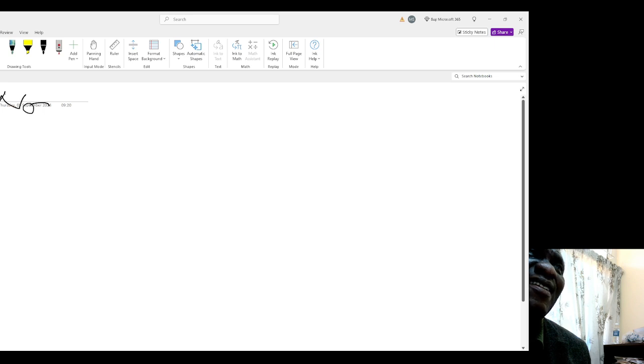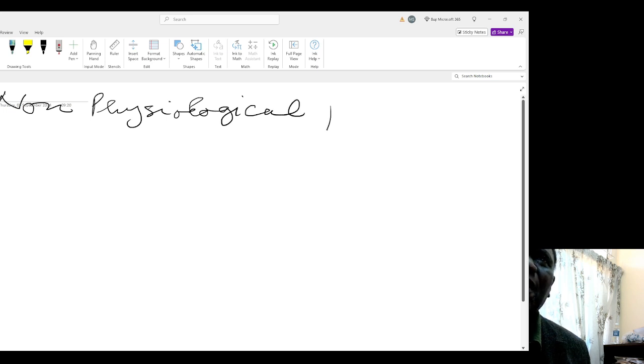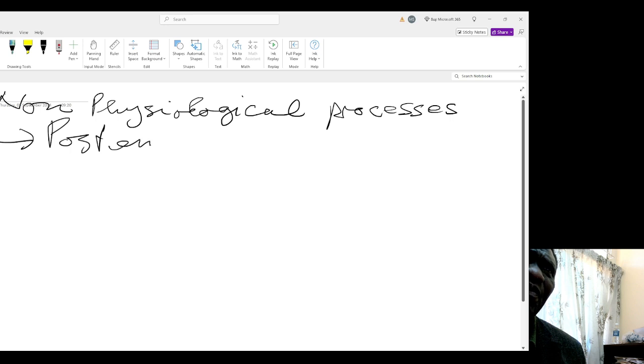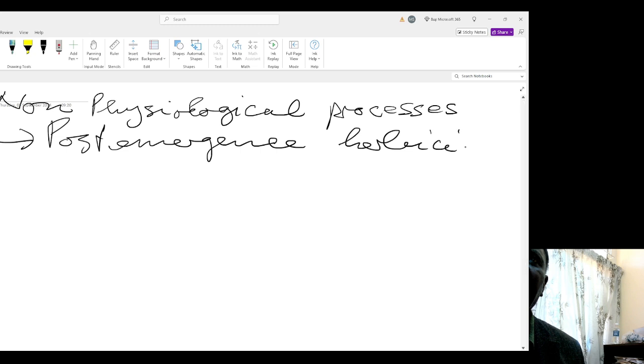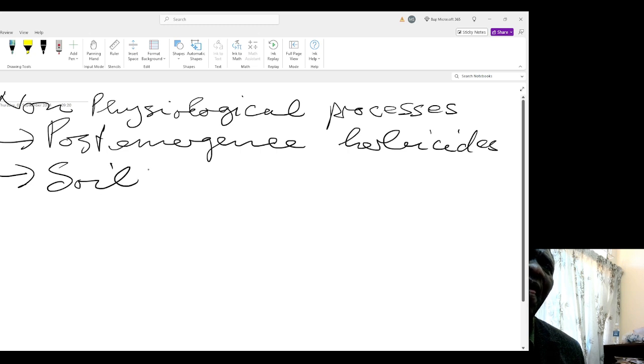So, non-physiological processes. Well, we shall be looking at post-emergence herbicides. Then soil applied herbicides.